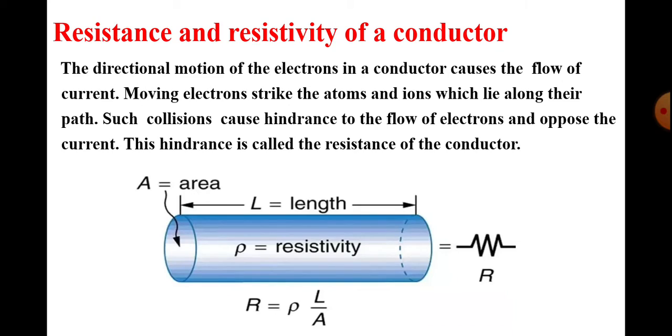This directional motion of the electrons in a conductor causes the flow of current. Moving electrons strike the atoms and ions which lie along their path. Such collisions cause hindrance to the flow of electrons and oppose the current. This hindrance is called the resistance of a conductor.